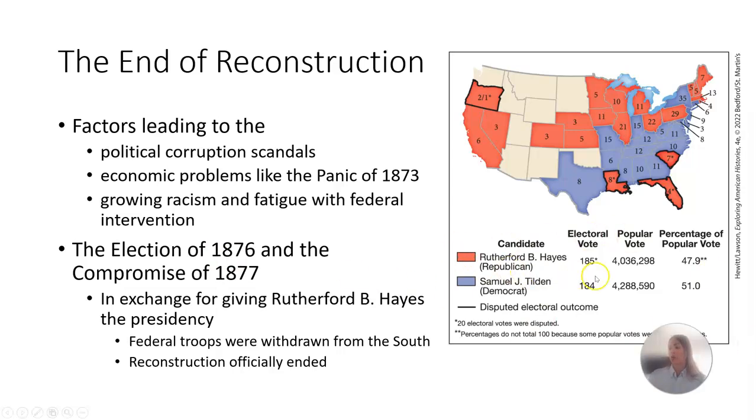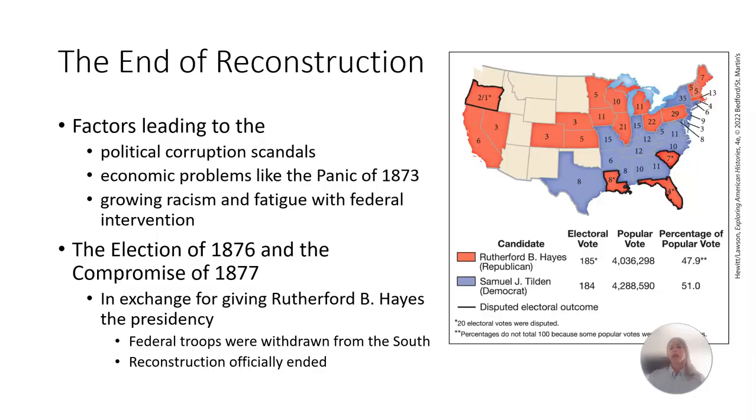You can see here how it was disputed. And you'll notice even within the state, it's split, the vote is. So in exchange for the presidency, federal troops are removed from the South. So by giving Rutherford B. Hayes the presidency, a Republican, federal troops are withdrawn from the South and Reconstruction officially ends.